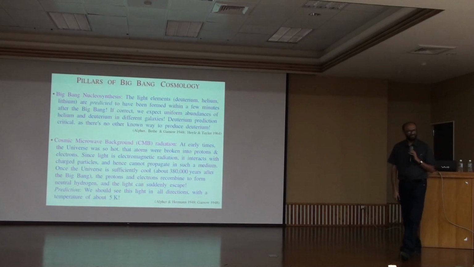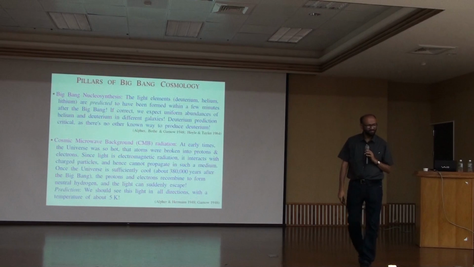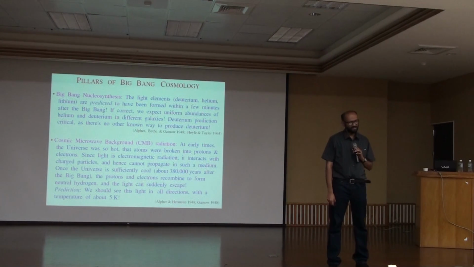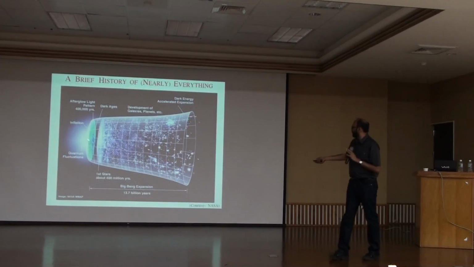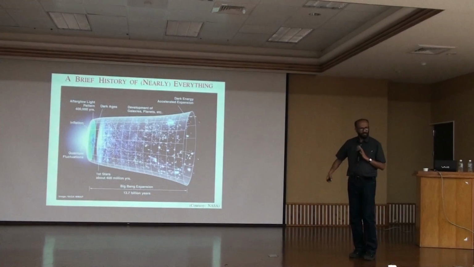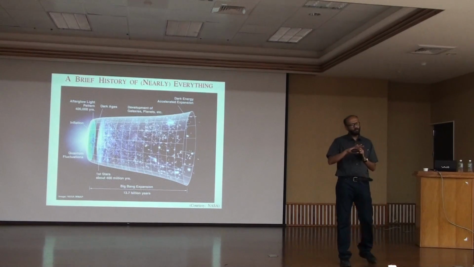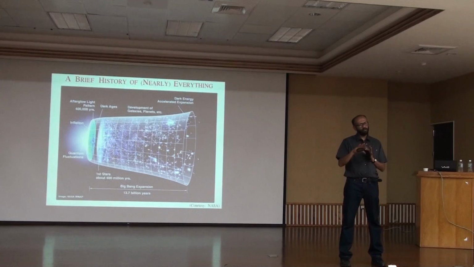Yeah? So, can you explain the first star? The first stars? Yeah. So that happens somewhere over here. Right. So these stars are going to be very different from today's stars. They form from neutral hydrogen directly.